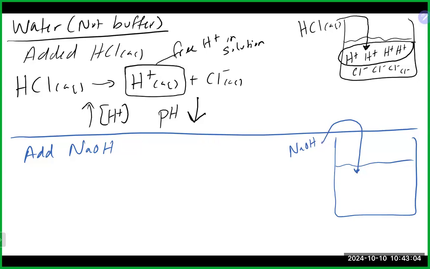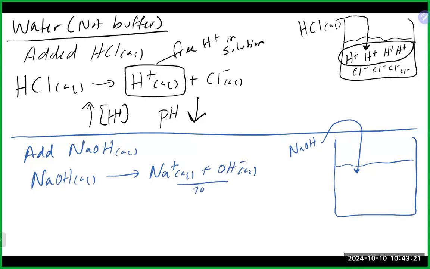And when it does so, it is a strong base, which means it is a strong electrolyte. It also will 100% break apart into sodium ions and hydroxide ions. So 100%, just like up here.